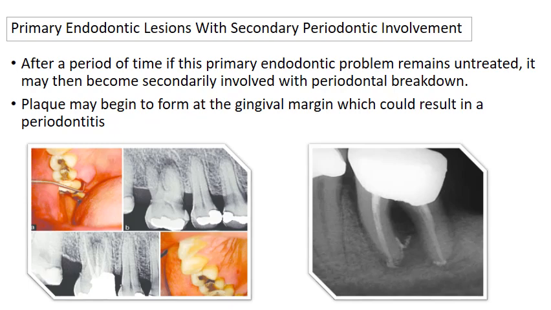After a period of time, if this primary endodontic problem remains untreated, it may become secondarily involved with periodontal breakdown. Plaque may begin to form at the gingival margin of the sinus tract, which could result in periodontitis. The pathway of inflammation into the periodontium is through the apical foramen, accessory, and lateral canals.